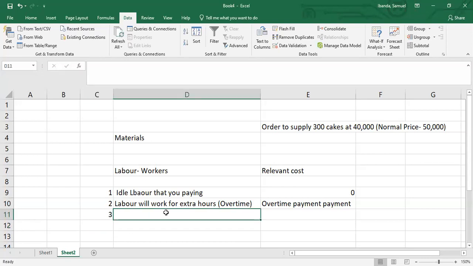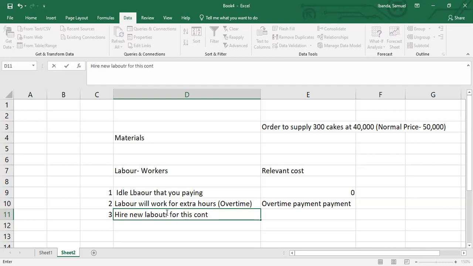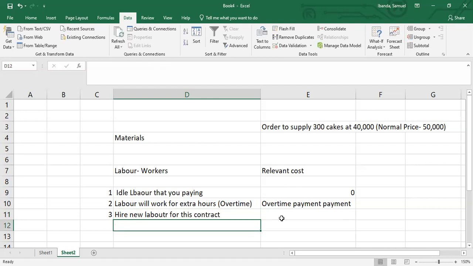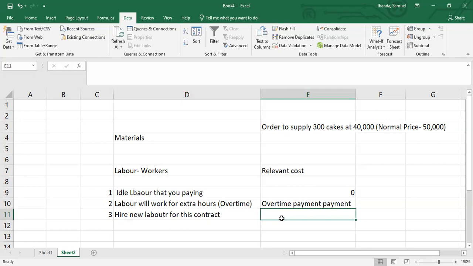Another scenario is where you're going to hire new labor. You're going to hire new labor for this contract. Now, in that case, hiring new labor will be the actual cost, the labor cost for this new labor.